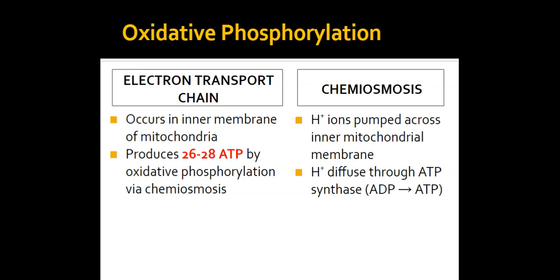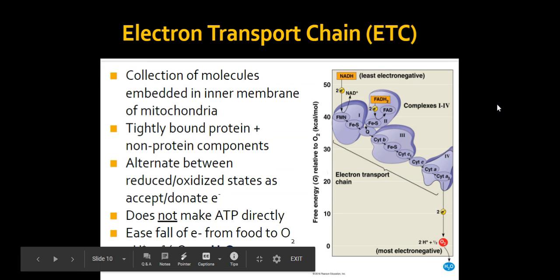Now, in this chemiosmosis process, we're going to look at how hydrogen ions are "pumped" across our membrane. We've seen this before, where molecules can pass through a membrane using one of our proteins, which then allows it to phosphorylate that phosphate onto our ADP, resulting in an ATP molecule.